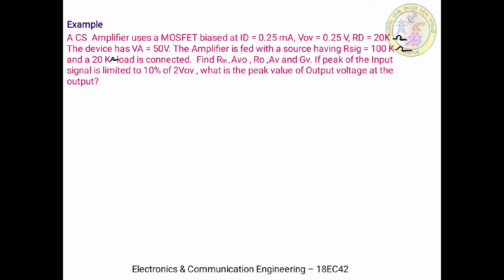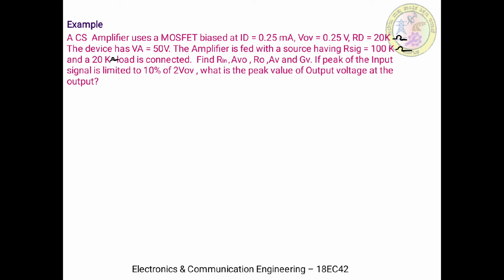So with this setup we have to find Rin, input resistance, AV0, that is open circuit voltage gain, R0, that is output resistance, AV, that is voltage gain, and GV, that is overall voltage gain.